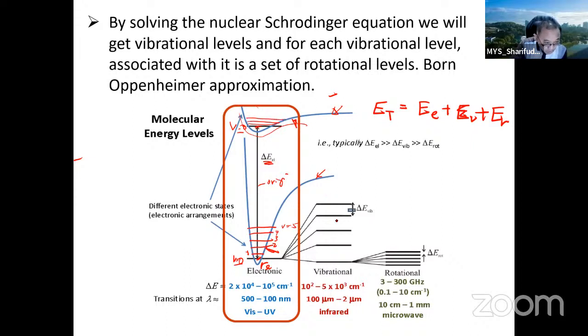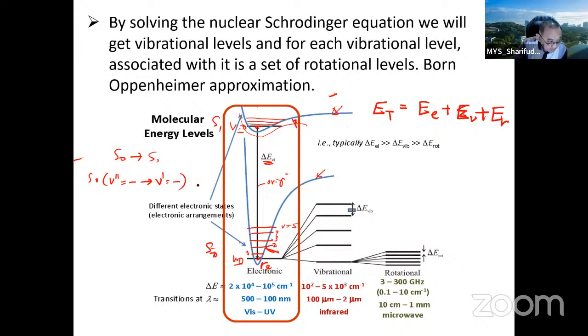Conventionally, I will label the ground state as S0 and the excited state as S1. So the electronic transition is S0 to S1. But S0 to S1 can also involve V double prime, which is the ground, equals something, going to V prime equals something.